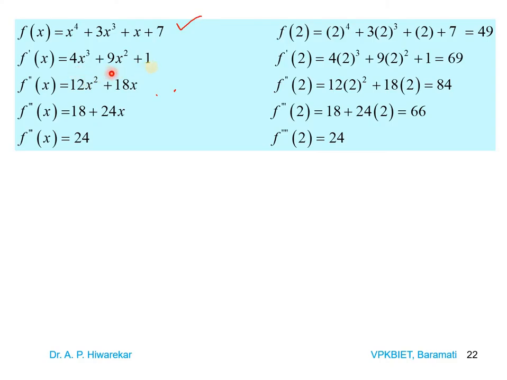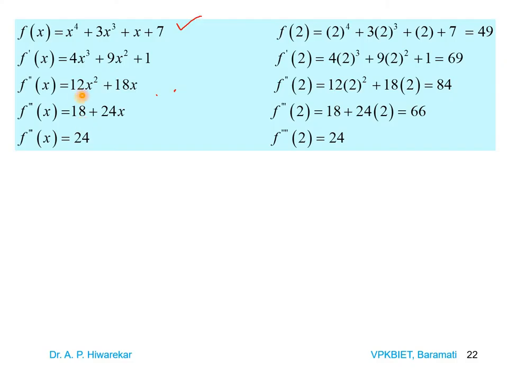Then 4x cube plus 9x square plus 1 gives 12x square plus 18x. The derivative at 2 is 12 into 2 square plus 18 into 2. That gives 12 into 4, 48, plus 36. 48 plus 36 gives 84.